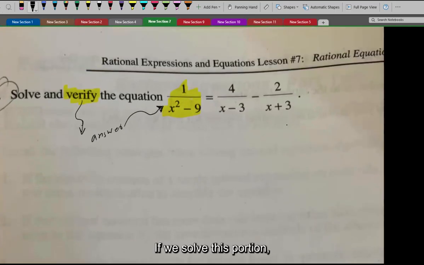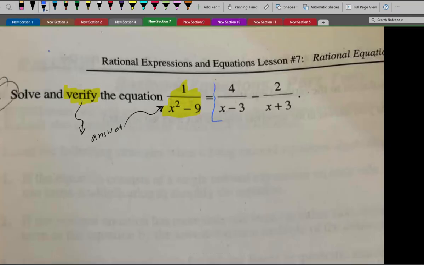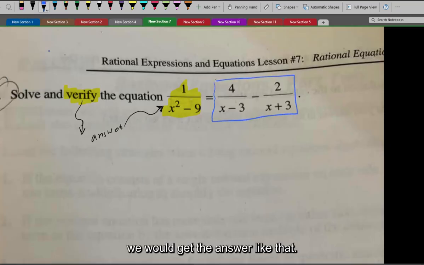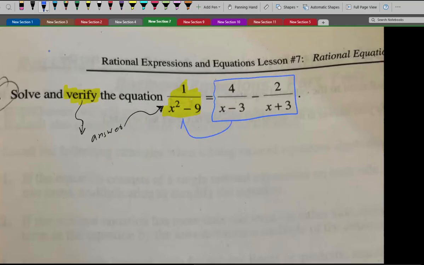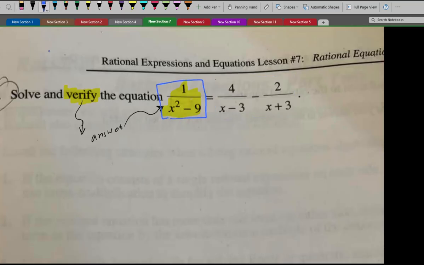So the next part is, if we solve the right side of the equation like this, we would get the answer like that. Okay. Yeah. So what do you think? Is it a difficult question or an easier one?